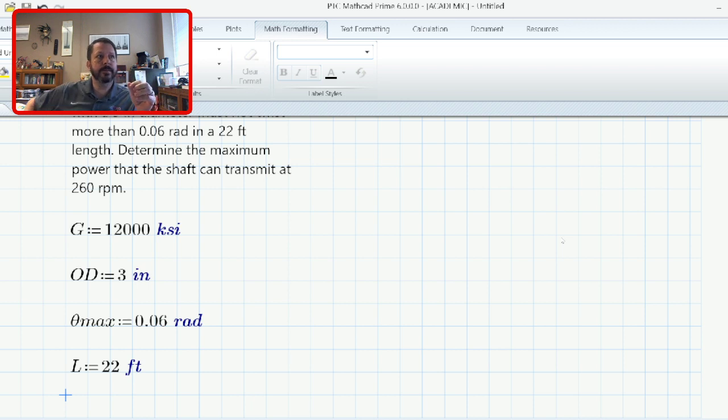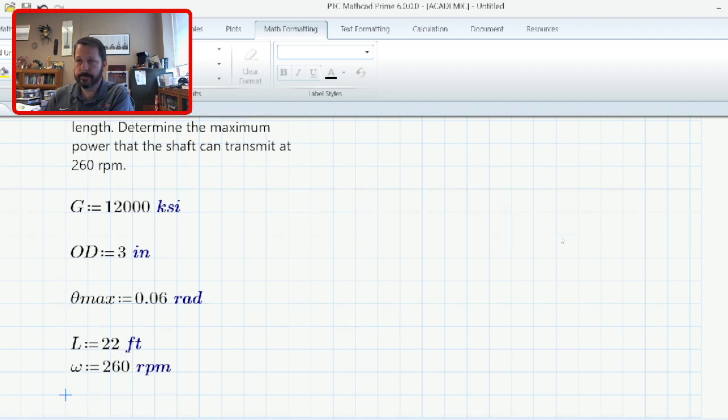This would be something maybe like in a directional drilling machine. It could be even longer than this. I don't know if that would be a solid shaft though. It would be coupled together. Maximum power that the shaft can transmit at 260 RPM. So we know omega is 260 RPM. Okay, so those are our details.